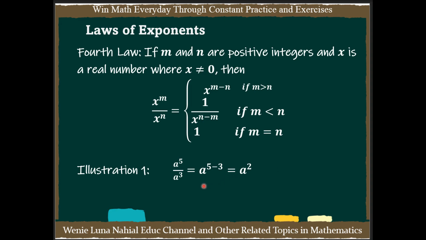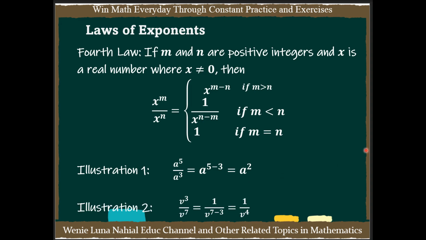For the illustration we have here, a raised to 5 divided by a raised to 3. All you have to do is subtract the powers. So you have 5 minus 3. This is the first case because the power of the numerator is greater than the power of the denominator. So 5 minus 3 is equal to 2, so a squared.